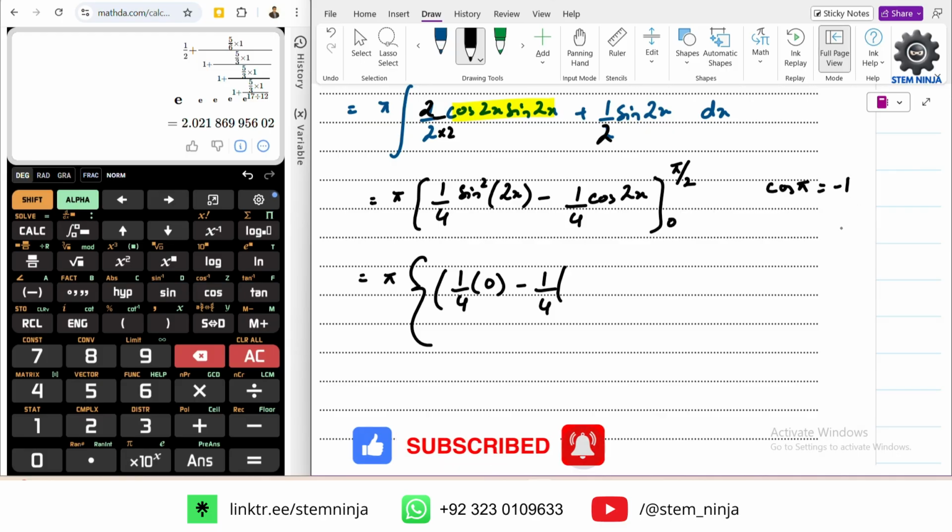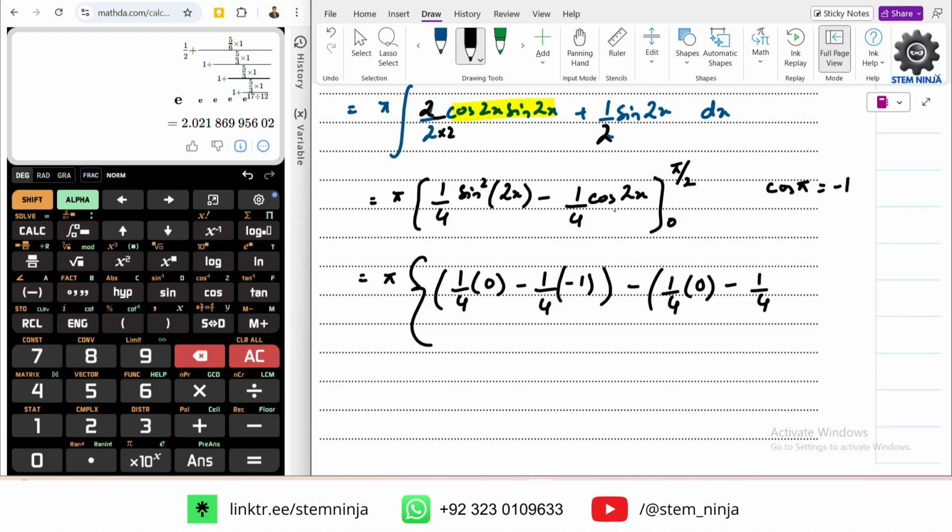Cos of pi is minus 1, so this will become minus 1, right? And minus 1 over 4, again 0, minus 1 over 4 cos of 0 is just 1, positive 1.